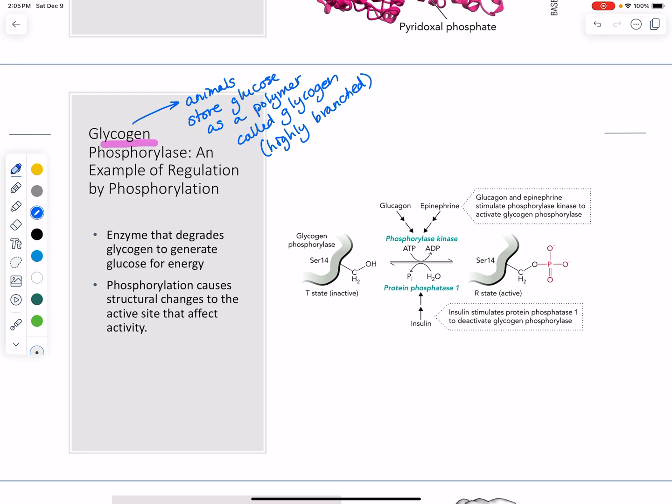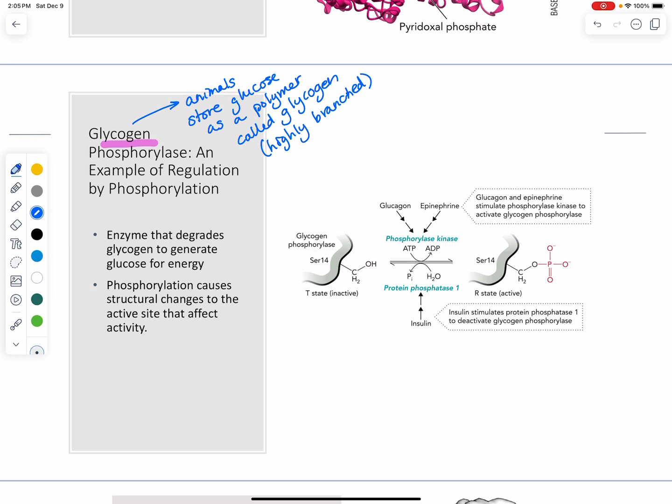It also phosphorylates the glucose so that it can go into glycolysis in the second step. So the enzyme is going to phosphorylate glucose, but the enzyme itself is activated by dephosphorylation and inactivated by phosphorylation.